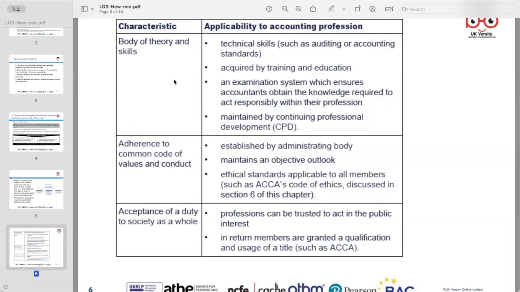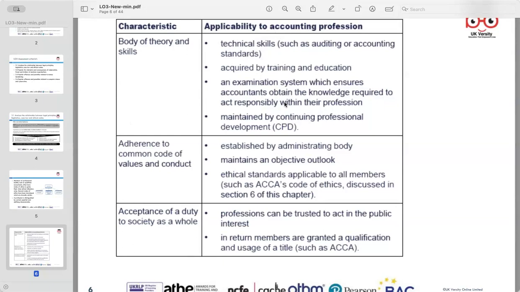If we look at the body of theory and skills, you can see here technical skills such as auditing or accounting, acquired by training and education, and an examination system which ensures accountants obtain the knowledge required to act responsibly within their profession, maintained by continuing professional development, or CPD.